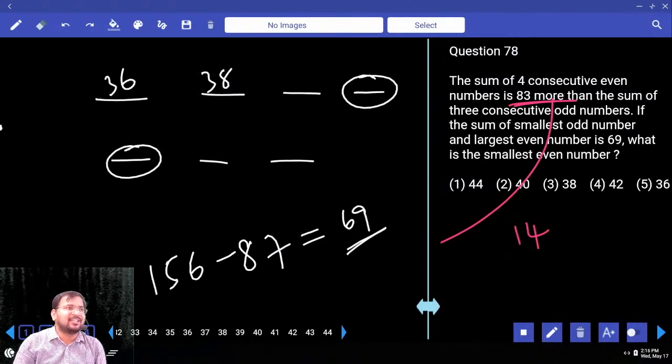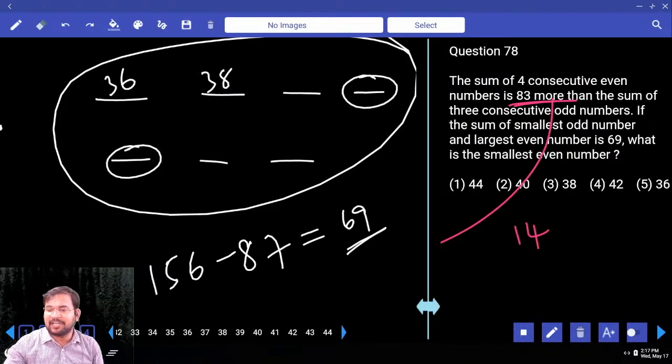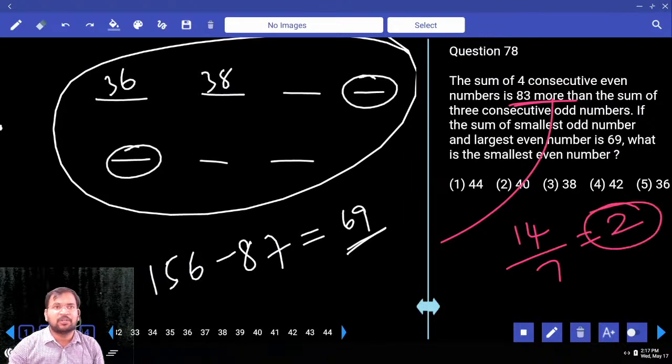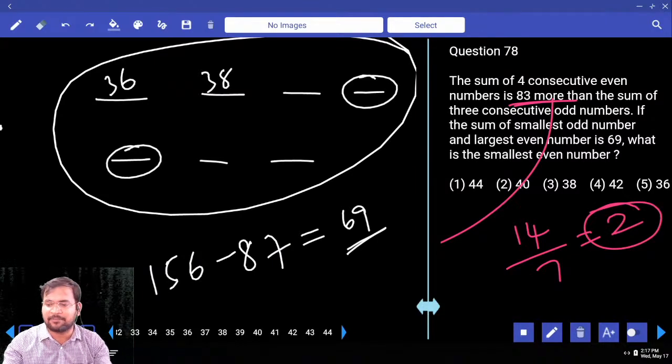We got 14 less. Total there are 7 numbers, so 7 numbers by 7 is 2. If you take 2 more, that is enough. Your answer is 38.